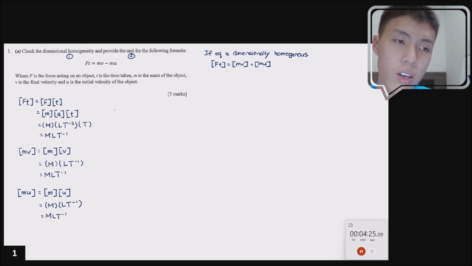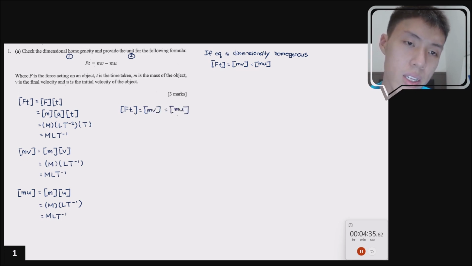Okay, so because Ft equals mv, which also equals mu, therefore we can say that the equation is dimensionally homogeneous.